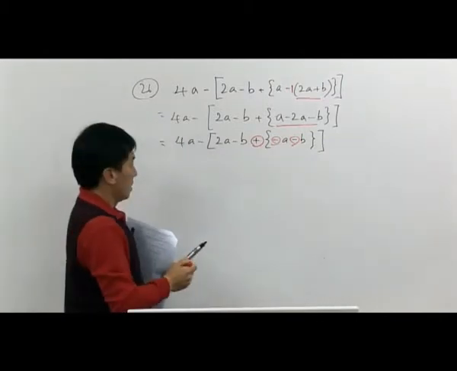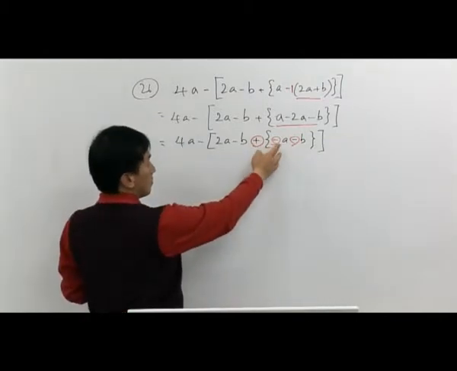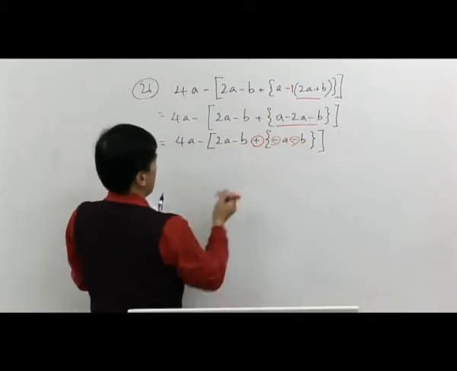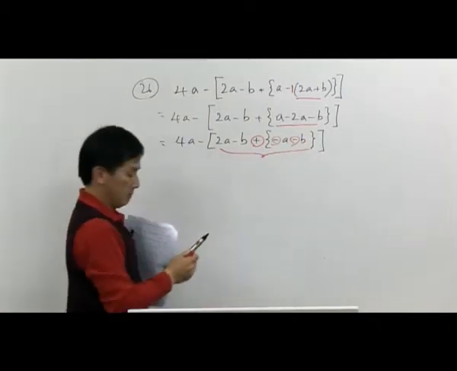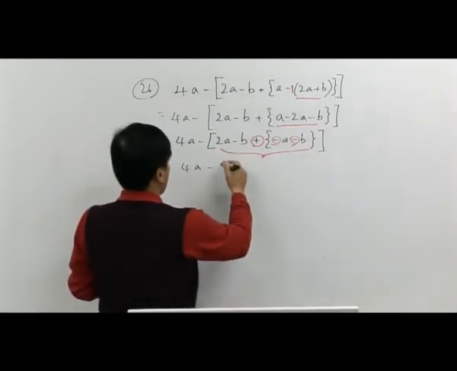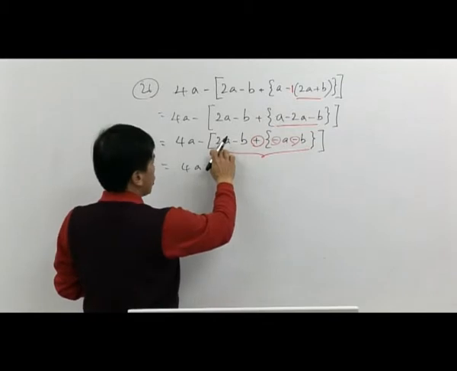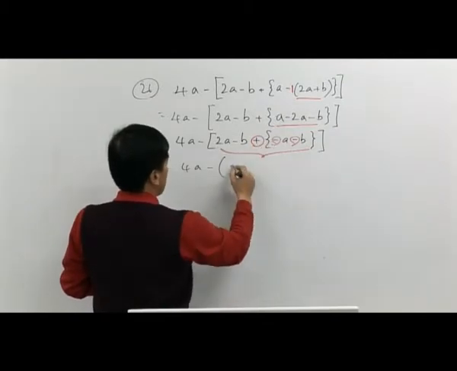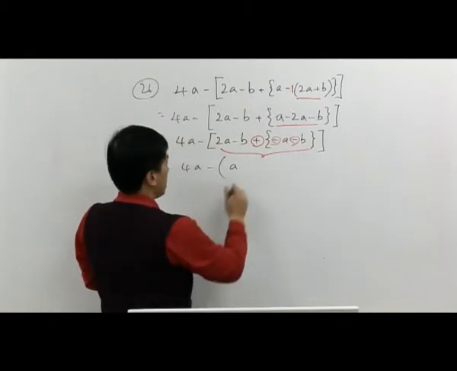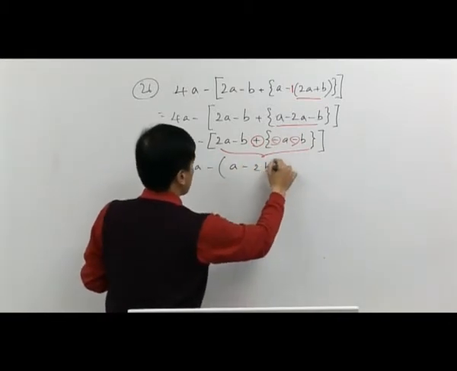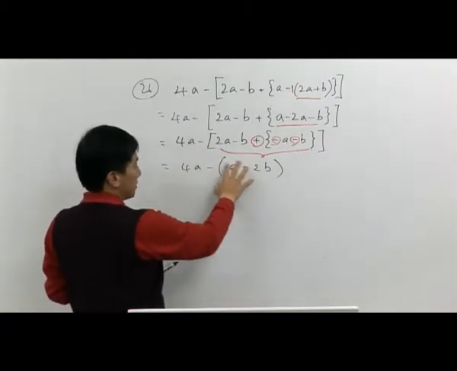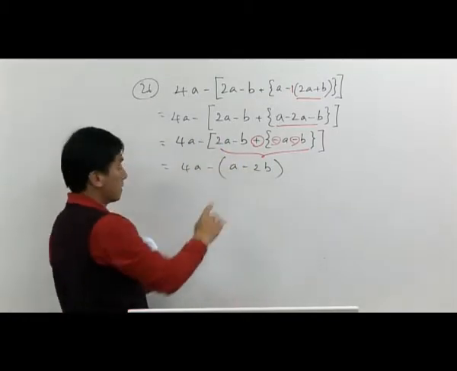So that will still be minus a, and that's still minus b. We can simplify these four terms. So that will give us 4a minus, 2a minus a is going to give us a, minus b is going to give us minus 2b, and close that bracket. So that big bracket has been simplified to a minus 2b.